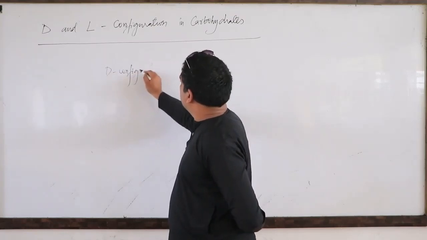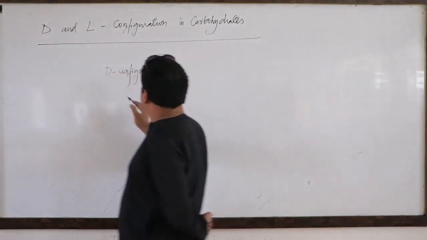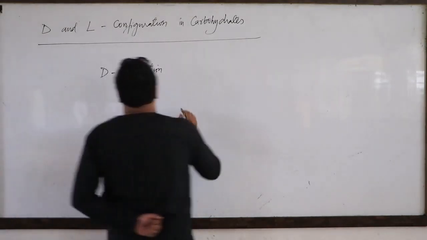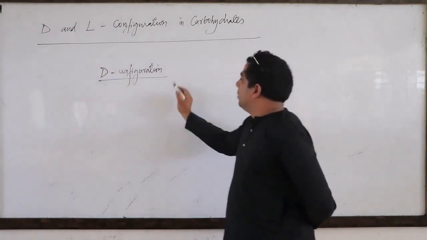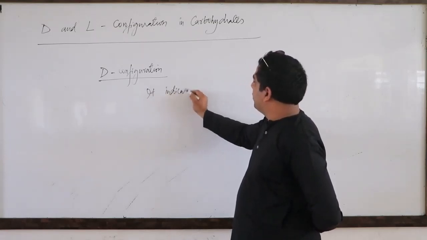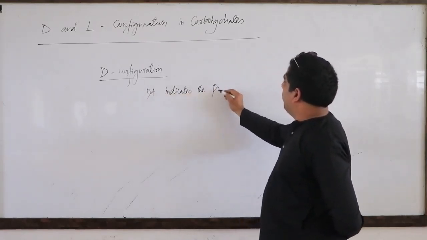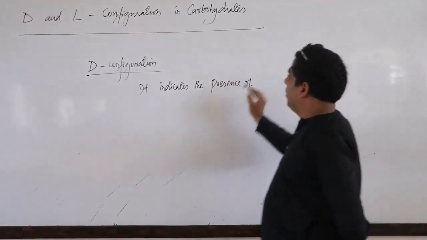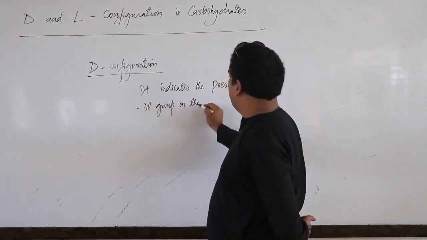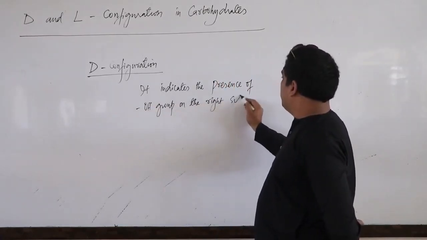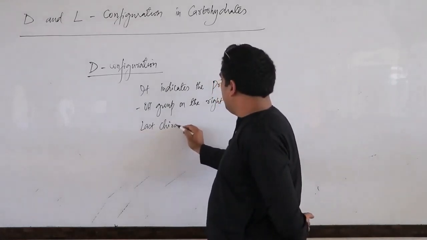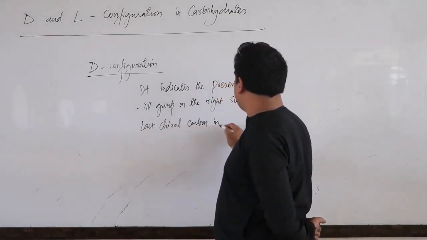D configuration. Okay? It means it indicates the presence of OH group on the right side of the last chiral carbon in a carbohydrate.